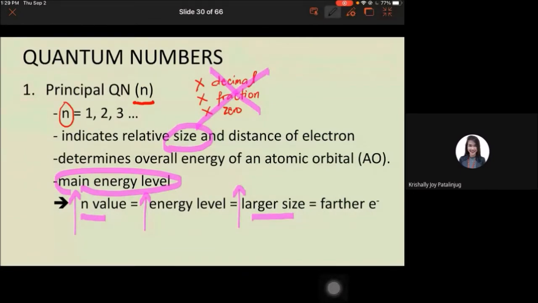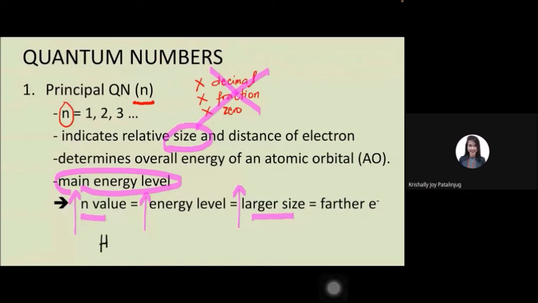Halimbawa, hydrogen. Si hydrogen, tell me, saang period siya in the periodic table? Kapag period, horizontal. Very good. Nasa period 1 siya. What about aluminum? Nasa anong period si aluminum? Tama, nasa third period siya.